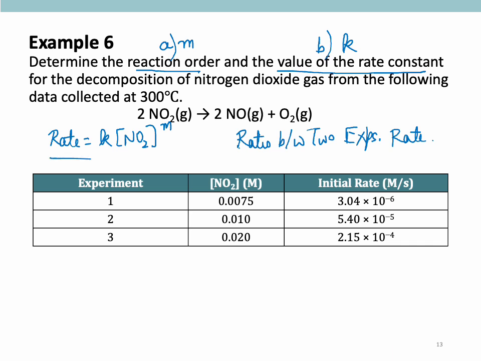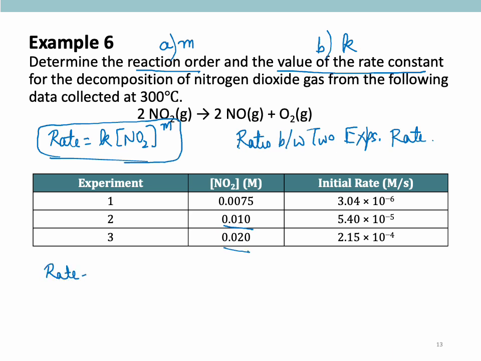For example, I know this is my general expression: rate is equal to k NO2 to the power of m. I can find this ratio for 1 or 2 or 3, whichever, any two experiments. Okay, let's say I do this for 2 and 3. Why? Because it's easier. I can see this is 0.01, this is 0.02, so it's twice.